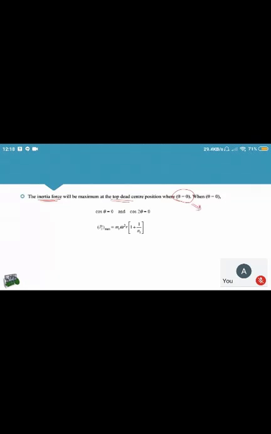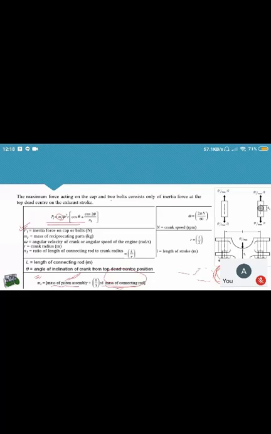Therefore, in this formula, when you substitute cos of 0 and cos of 2 theta, the equation is modified and simplified to m r omega square times (1 + 1/n).